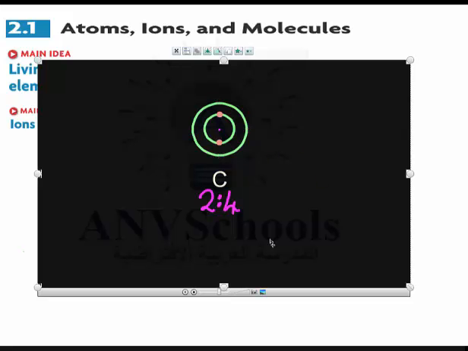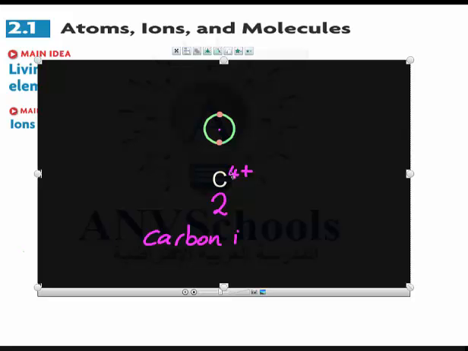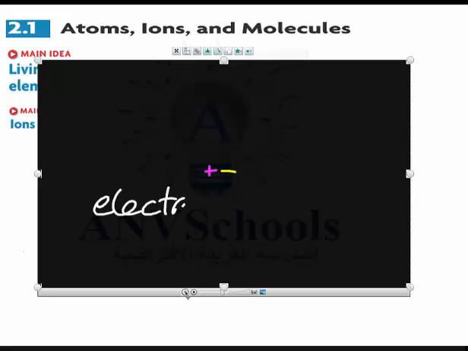So when it receives 4 electrons, it becomes negatively charged, and the one which lost 4 will become a positively charged carbon ion. So we have here carbon as just an example.